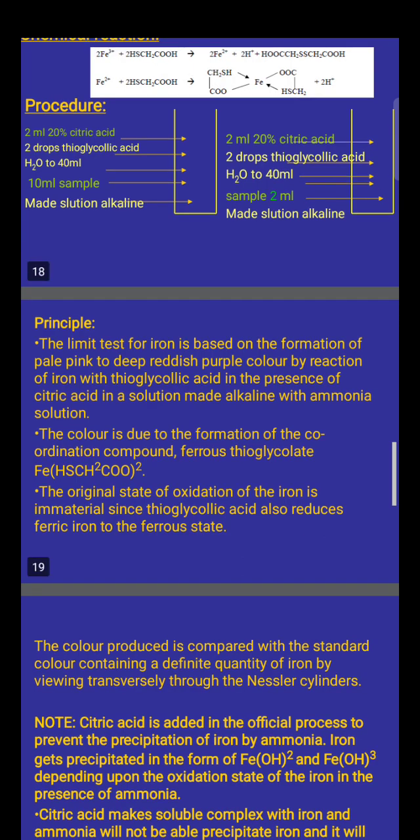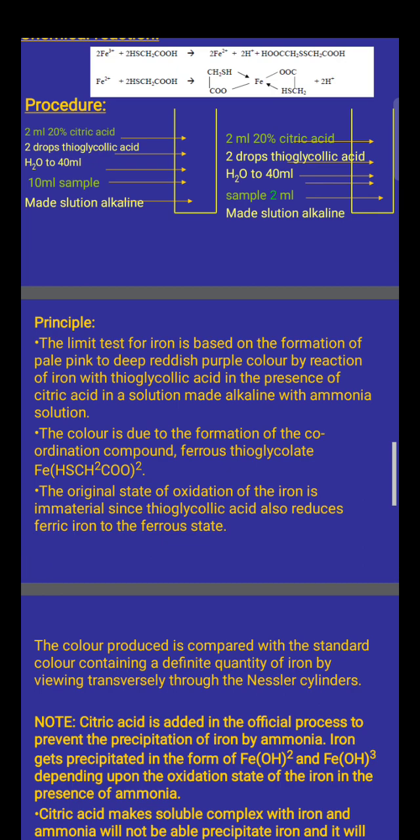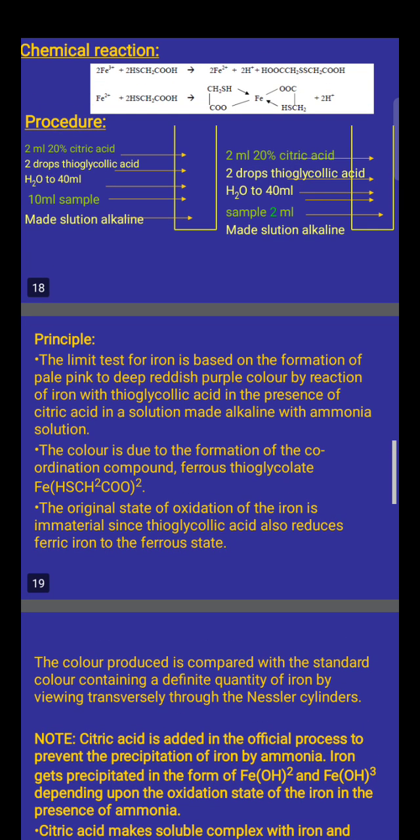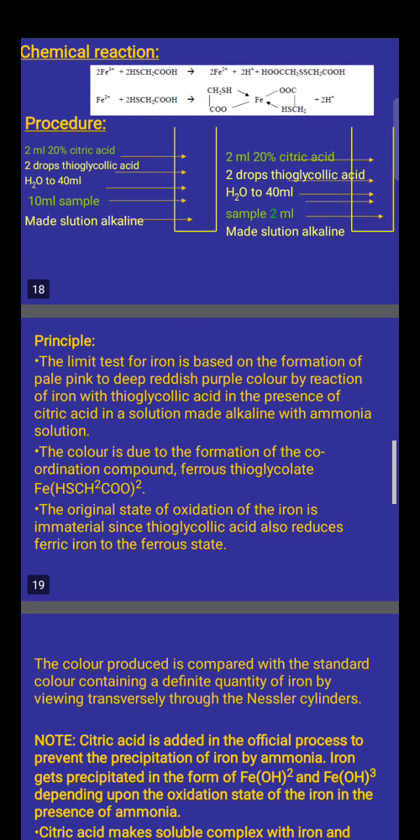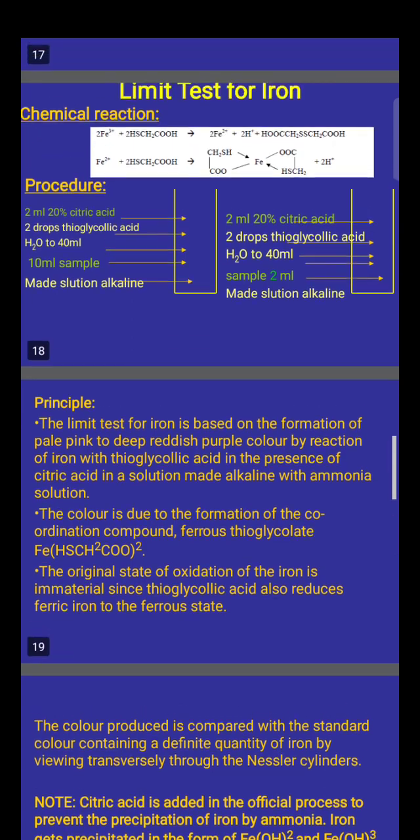The color is due to the formation of the coordination compound ferrous thioglycolate. You can see here the complex is formed between the metal and ligand. Iron is a metal and the ligand is thioglycolic acid.